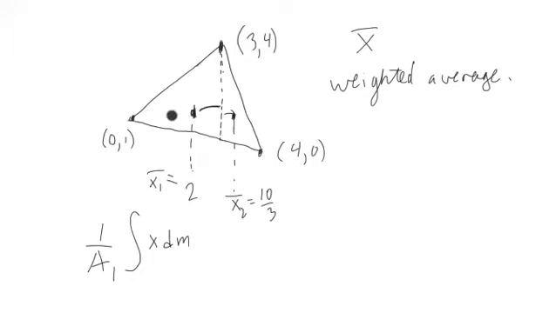So for the first guy, the centroid calculation is this. For the second guy, it's something like this. Now here, where the mass is going from here up till here, or from here to here.